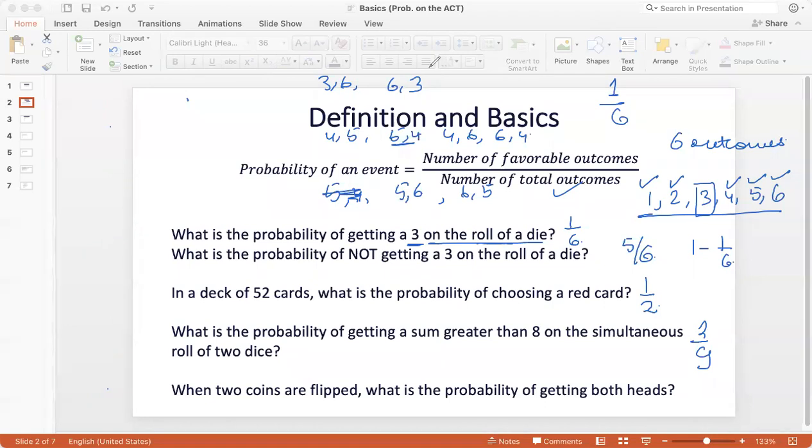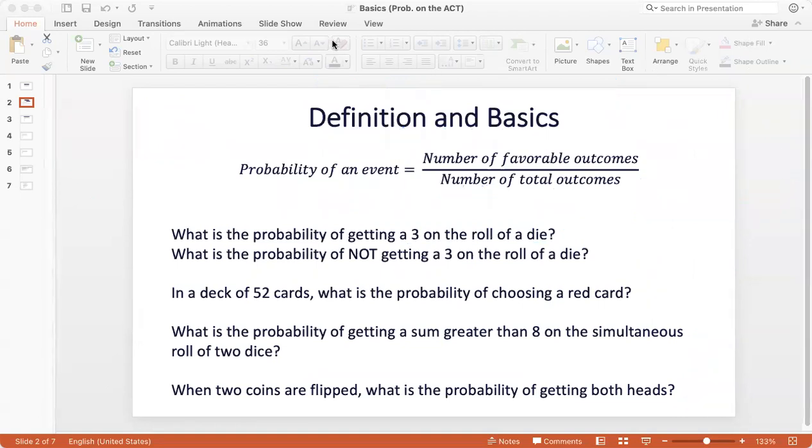Two coins flipped, I could get a heads and a heads, a heads and a tail, a tail and a heads, or a tail and a tail. So the total outcomes are 4, of which both heads is one of the outcomes. So the answer is 1/4. So this is the basic idea of probability. In any question, we try to find the total outcomes and the favorable outcomes.